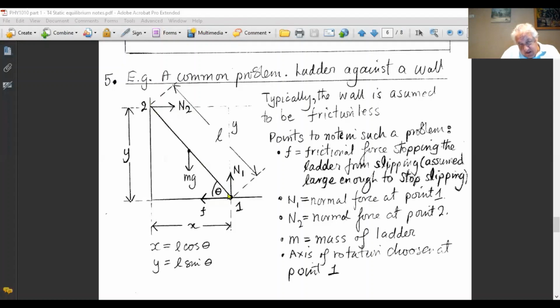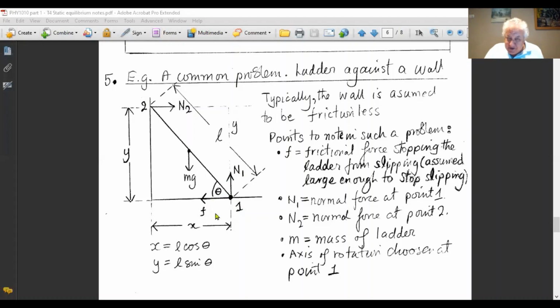And typically I'm given the length. But when I come to calculate torques, I have to take, as we said, the perpendicular distance of the line of action of the forces from the axis of rotation. Now, again, it's very common to choose the axis of rotation to be here. This is because we don't know theta, usually.